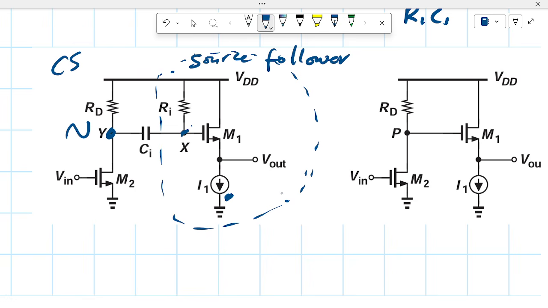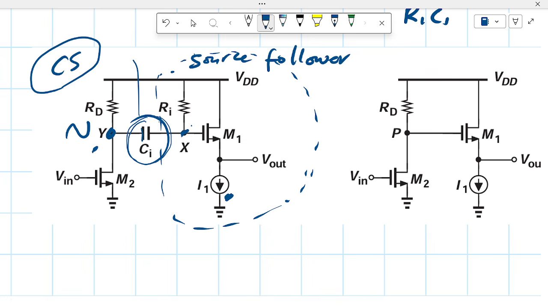Now assuming we wanted to separate the DC voltage levels of the source follower from this particular common source stage, then we would have to put a capacitor in between them, which is called a decoupling capacitor, and that is very useful, but it comes at a cost.